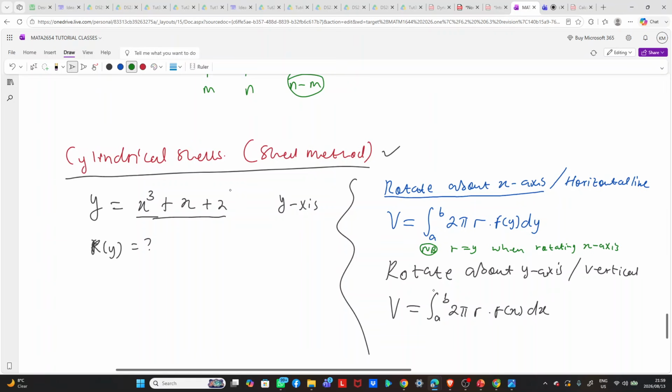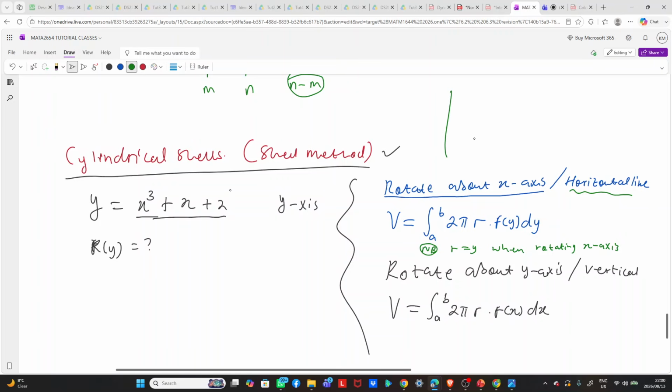Otherwise, it's going to change. If you are going to rotate about a horizontal line where they have shifted the axis, it's going to change as well, depending on which side we are at, the negative or the positive of the x-axis. But the idea is still the same.